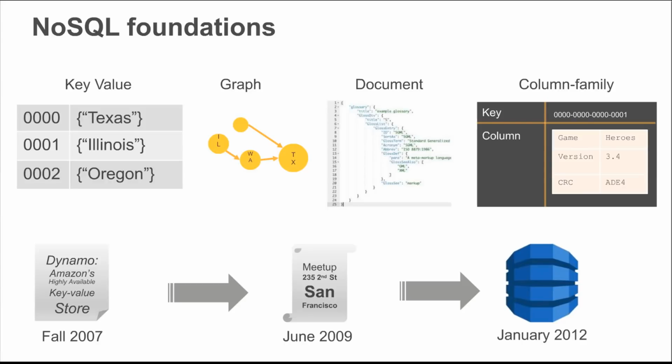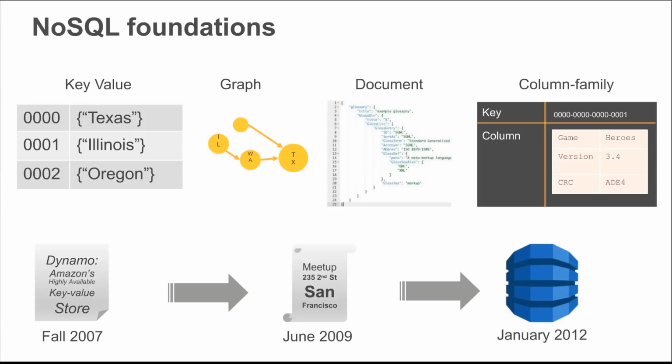Here we're going to take a look at some of the data that would fit in a non-relational database. These just represent the data, maybe not the actual implementation. For example, if you try to find something that fits really well into Dynamo, Dynamo's somewhere between a key value and a document database. The phrase NoSQL that I've been using comes from a meetup, actually, that was in San Francisco in June 2009.